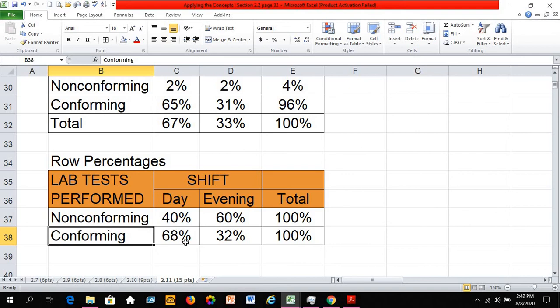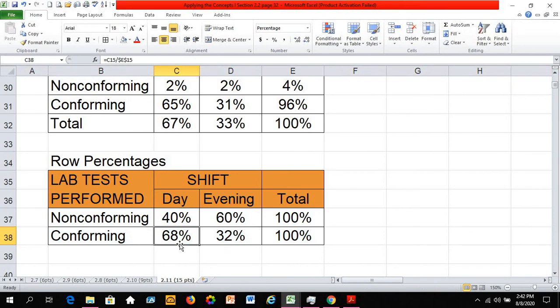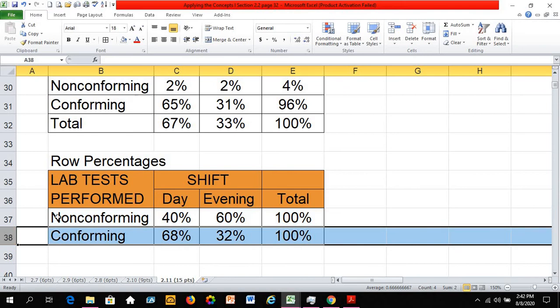For those conforming lab tests, 68% are happening during the day shift, and a small 32% happens on the evening shift. So it's not that hard to interpret if it's a row percentage.